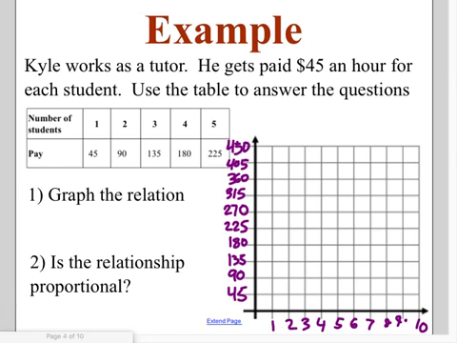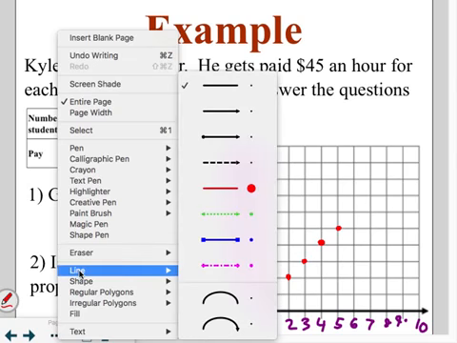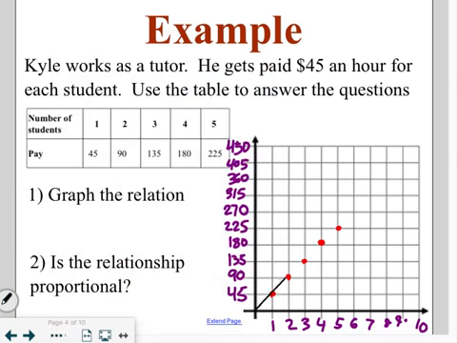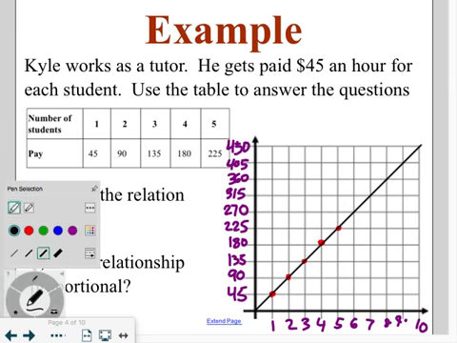Putting that on the graph, our first point is at 1, 45, 2, 90, 3, 135, 4, 180, and 5, 225. As with any other graph, we are going to go ahead and connect it all the way through with our straight line and add our arrows onto the end.